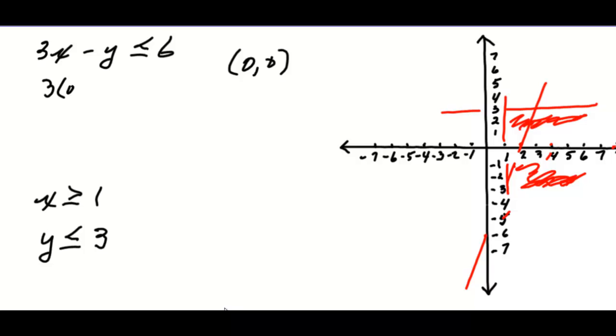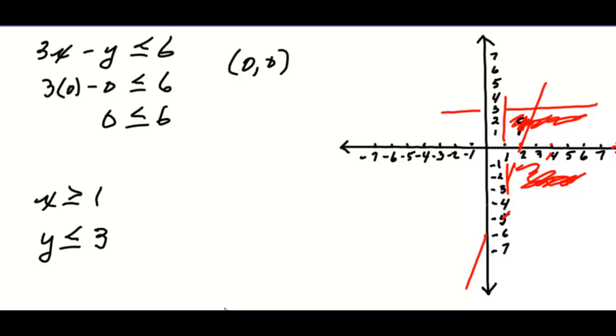3 times 0 minus 0 is less than or equal to 6. Is 0 less than or equal to 6? Yes, it is. So that means that what we're going to do is shade in for that portion towards the origin. But when we do that, we start shading, oops, I'm sorry, it should be red.